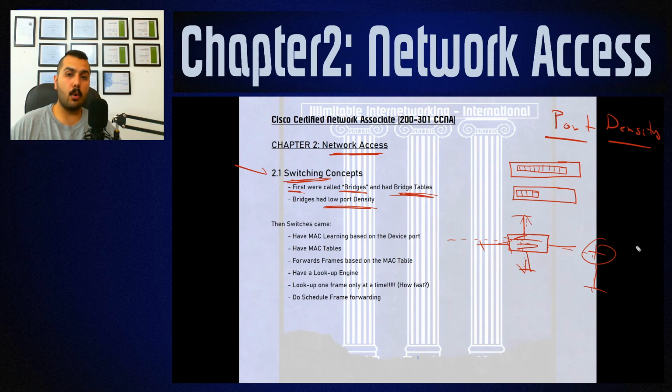How do they know how to do this? First of all, bridges had a bridge table. If someone wanted to reach a specified MAC address, then switch its frame to port number 1. If anyone wanted to contact such destination MAC address, then switch it to port number 3. Anyone wanted to talk to such MAC address, then switch it to port number 5.